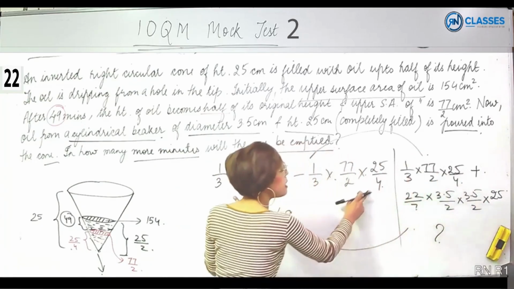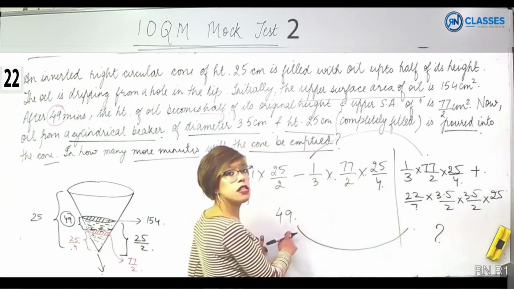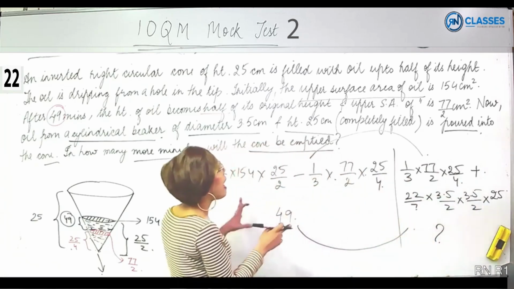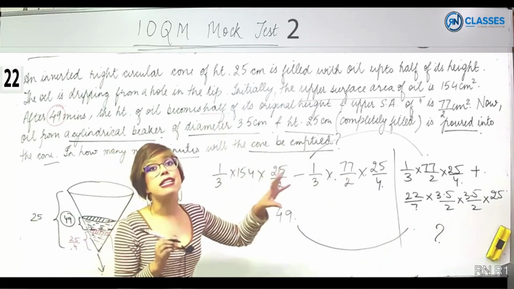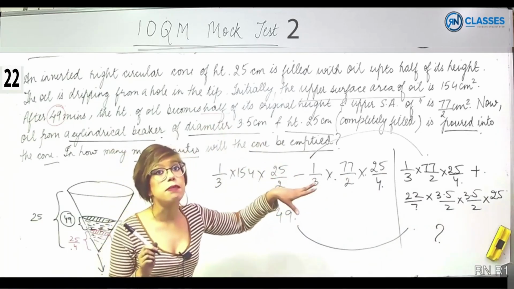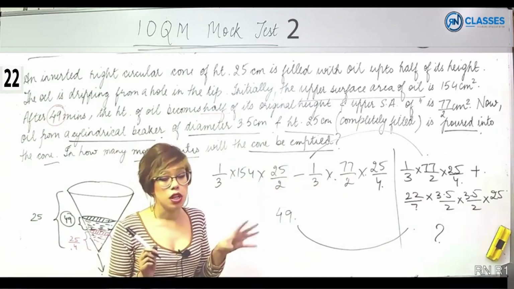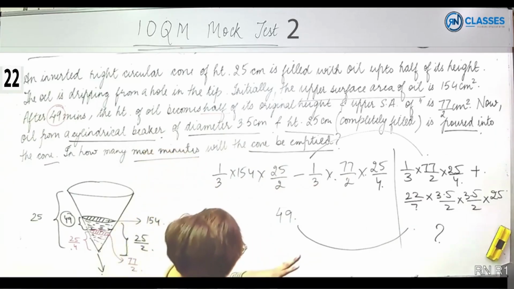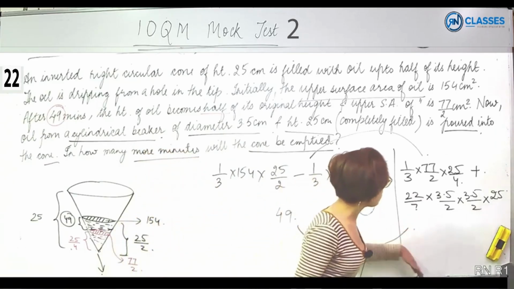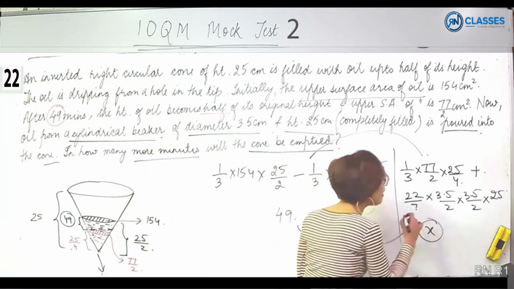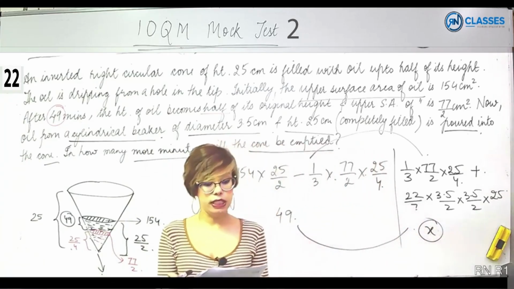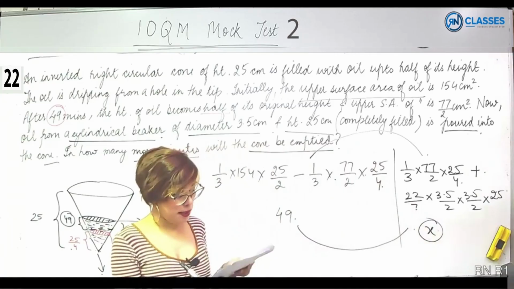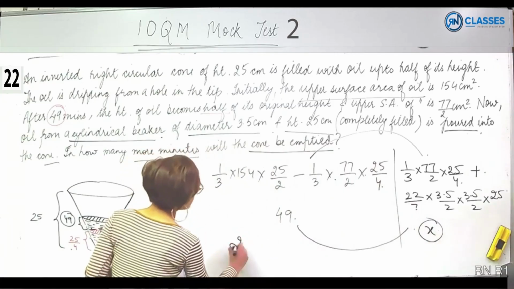This by this is equal to this by this. You can see the rate at which it is being emptied out is uniform. That is why I am saying it is in direct variation. So you can consider this to be x. You just need to divide it. You are brilliant at calculations, hopefully. And the answer turns out to be 28.